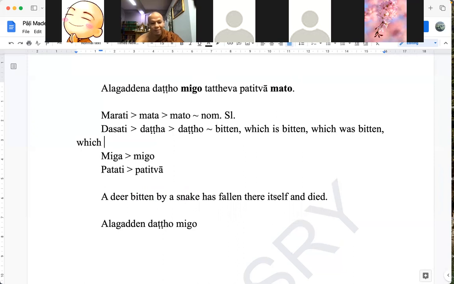Yes, I understand. But if we use which is bitten, which was bitten, or which has been bitten, the English grammar would be different, no? But the Pali would be the same. The same, right? Okay, understood, Bhante. Thank you.